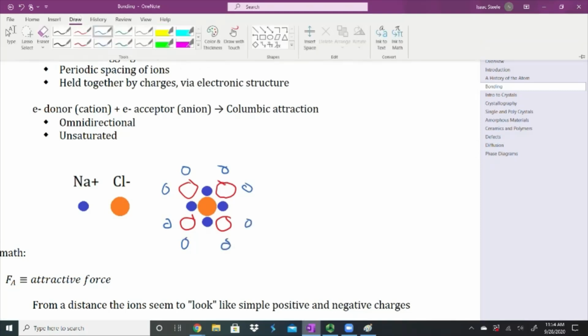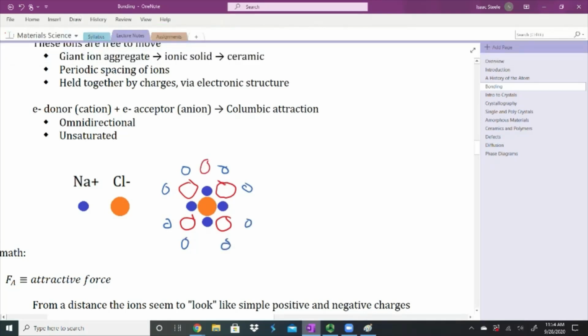And eventually what happens is we end up having this large thing happen. This aggregate of ions becomes a solid. We need lots of these so that we can actually have a material.